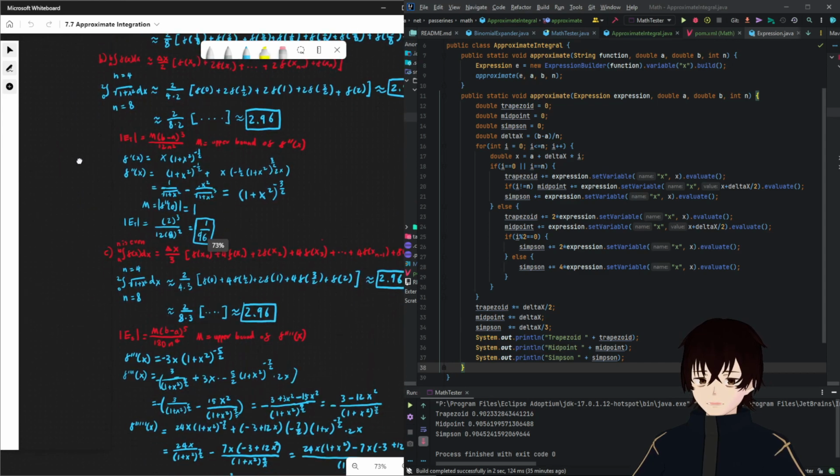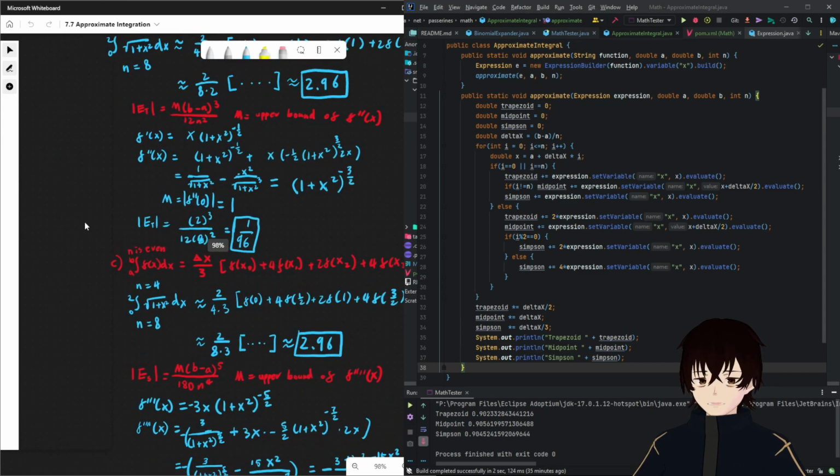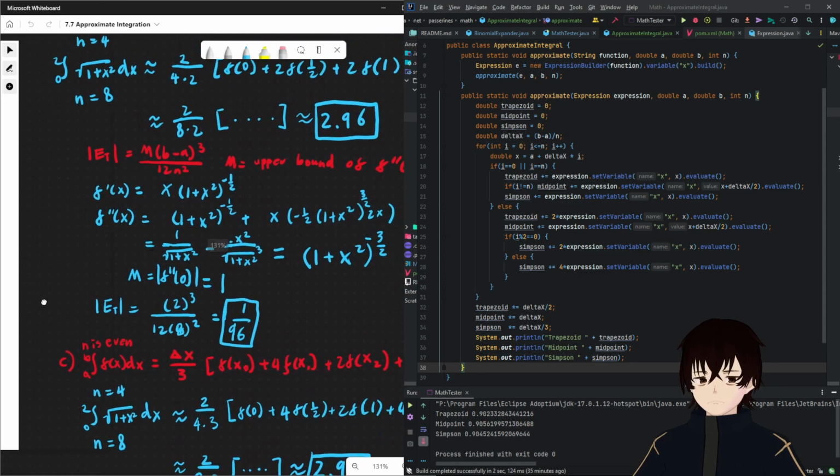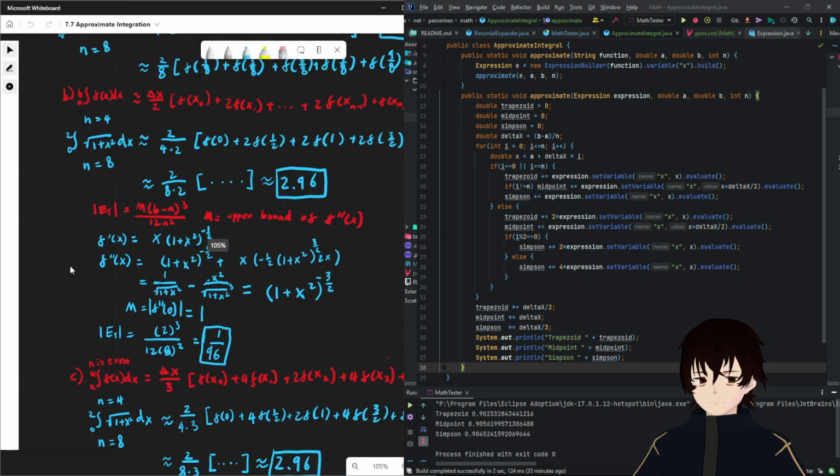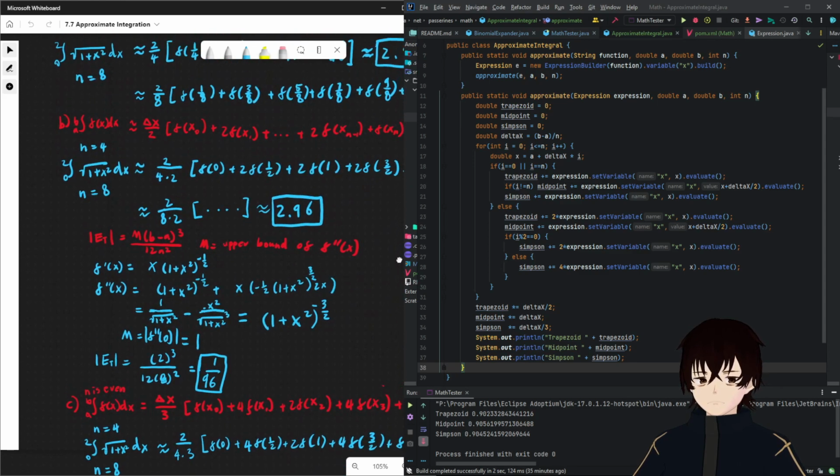Margin error is... yeah. M is the upper bound of f double prime of x.